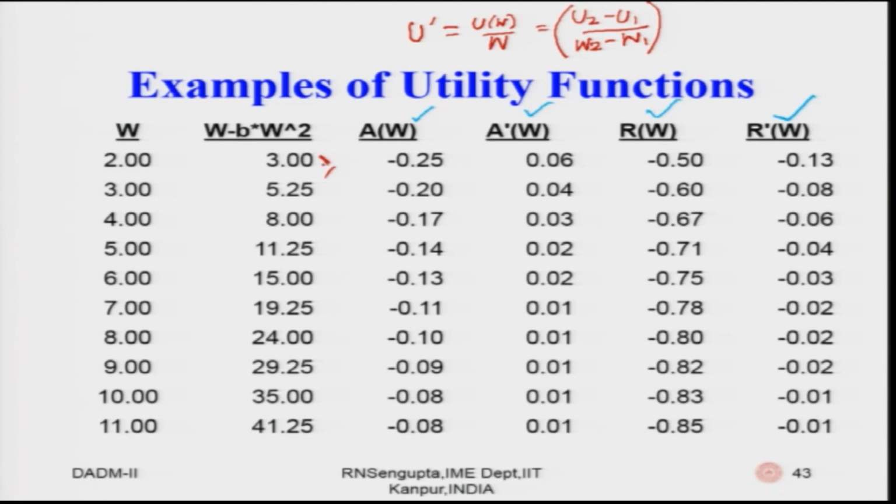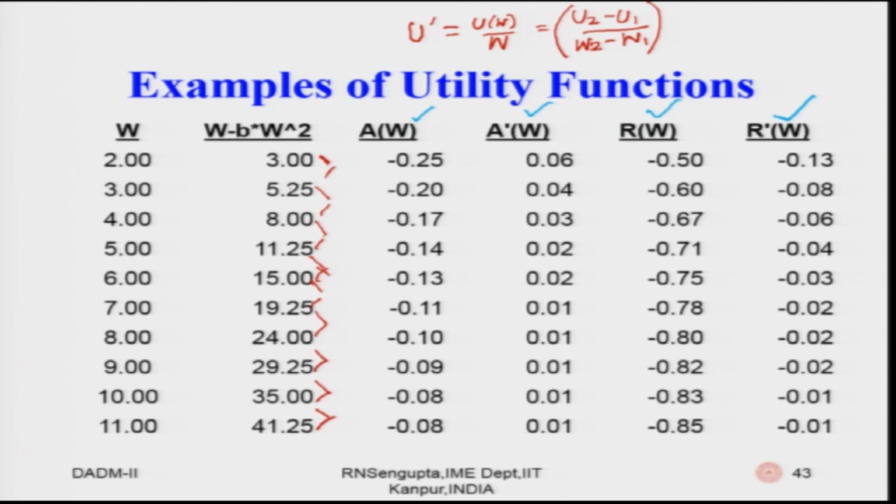So, find the differences of U's: U 2 minus U 1, U 3 minus U 2, then U 4 minus U 3, U 5 minus U 4, U 6 minus U 5, U 7 minus U 6, and so on. I have not written them, they would be given here. Now similarly find the differences W 2 minus W 1, W 3 minus W 2, W 4 minus W 3, W 5 minus W 4, and then divide. Once you divide, you will have U prime.